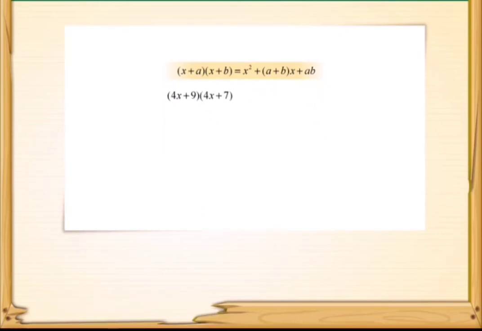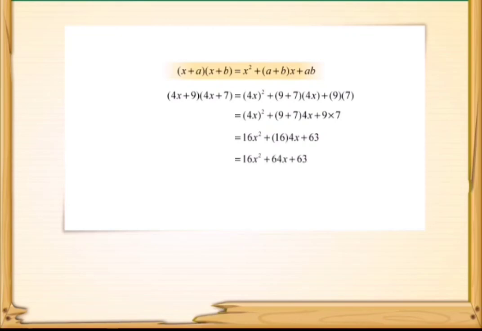By comparing the left-hand side of the identity with the expression, you can substitute x with 4x, a with 9, and b with 7 on the right-hand side of the identity. On substituting, you get (4x) whole square plus (9 plus 7) multiplied by 4x plus 9 multiplied by 7. On simplifying the expression, you get 16x square plus 64x plus 63.